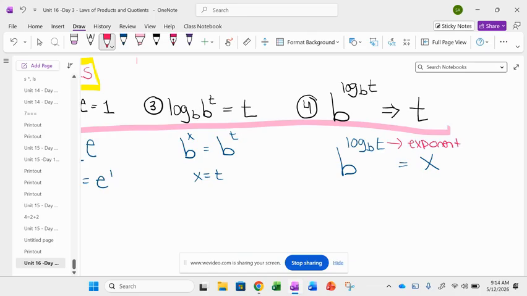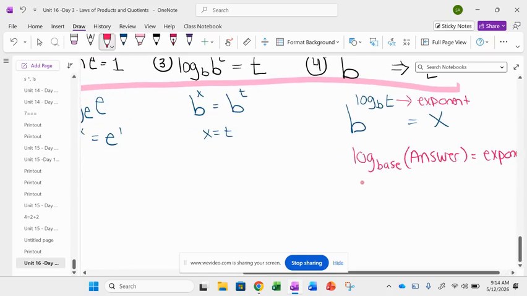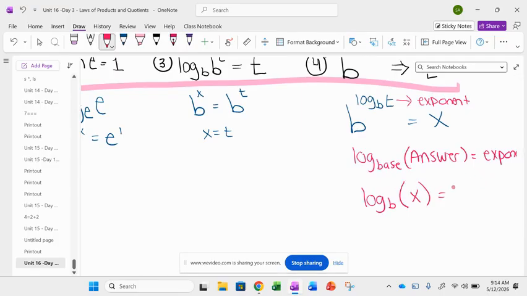So if this is my exponent, it's log base, oh sorry, no, not exponent, answer equals exponent. So this ends up becoming log base b of x equals log base b of t.